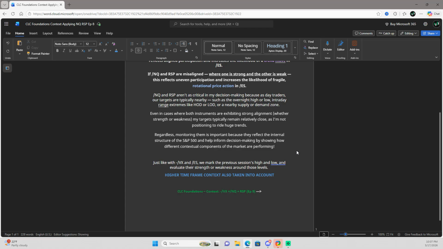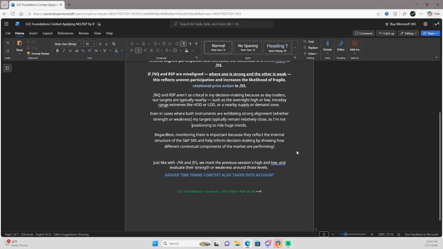And maybe before you look for confirmation on the tape, maybe before you are looking to get active in a position in demand, you want to wait for NQ to bounce first. And when NQ starts to bounce and show that strength, then you will look for confirmation. So maybe under that context, rather than trying to take a trade near the low of day and pick a bottom in demand, you want to wait for a bounce first. You see what I'm saying?